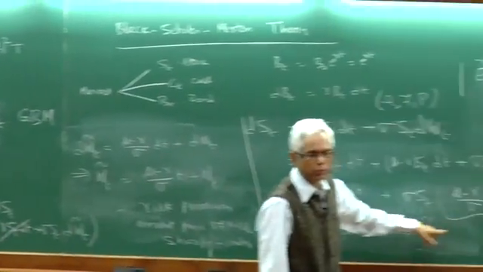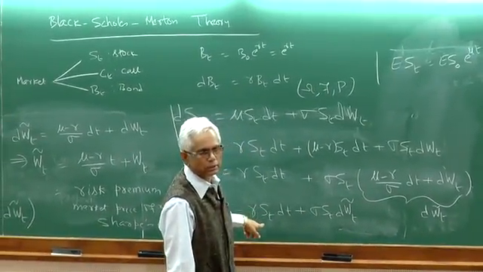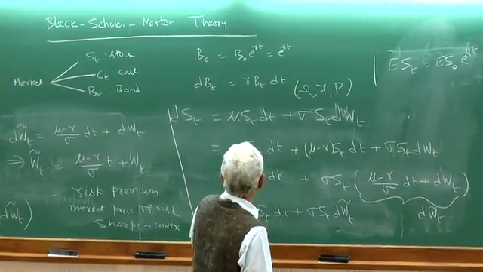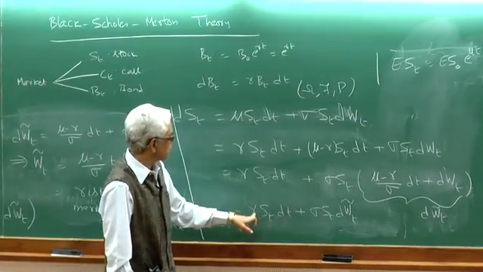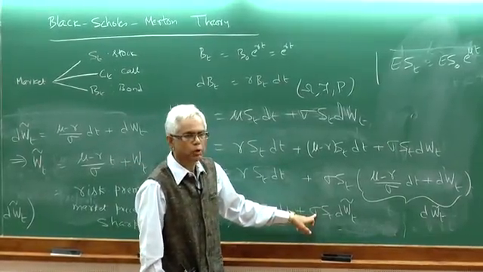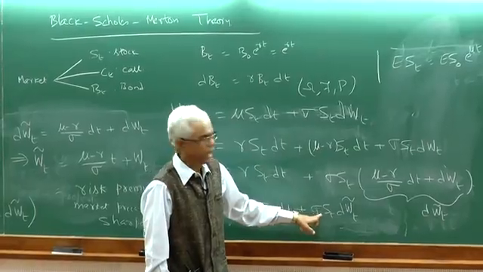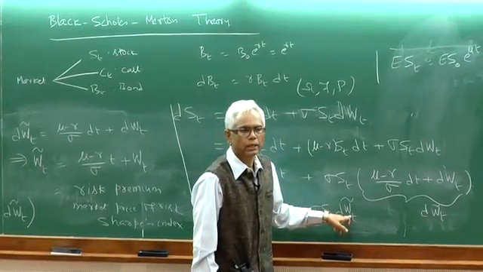This is a geometric Brownian motion. Geometric Brownian motion can be explicitly solved, right? ST will be S0 e to the power (r minus half sigma square) T plus sigma W tilde T. Mu will be replaced by r, that's all, and W will be replaced by W tilde.